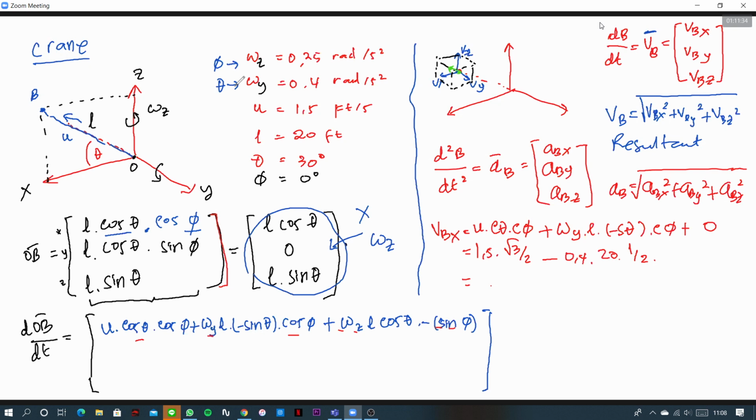Let's check if this is Z. So this is Z. This is X and Y. Even if like this, it's okay. So it means you have to change the expression for the position of OB, O to B. So you have to change this. Okay?